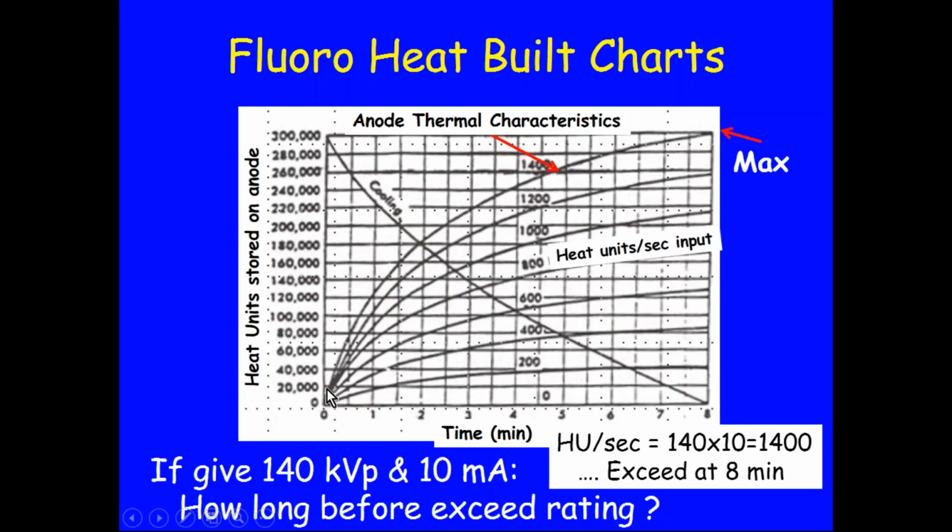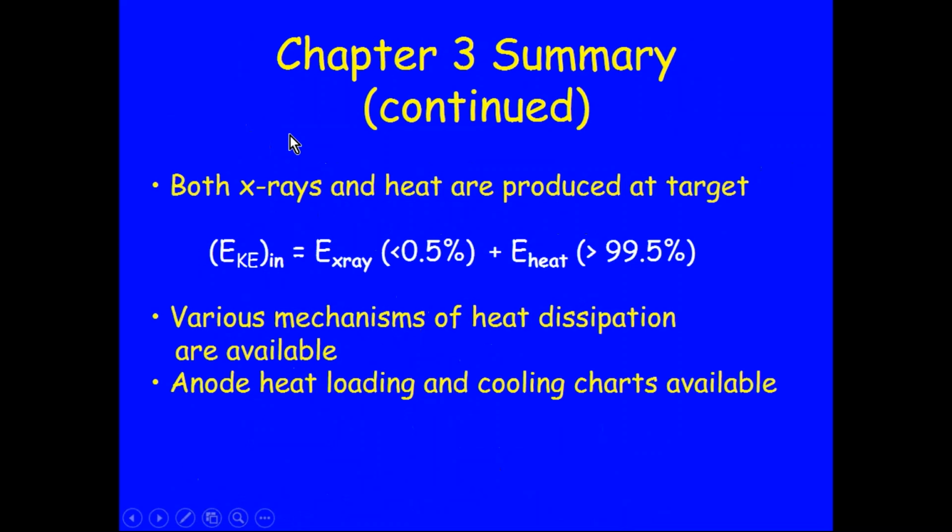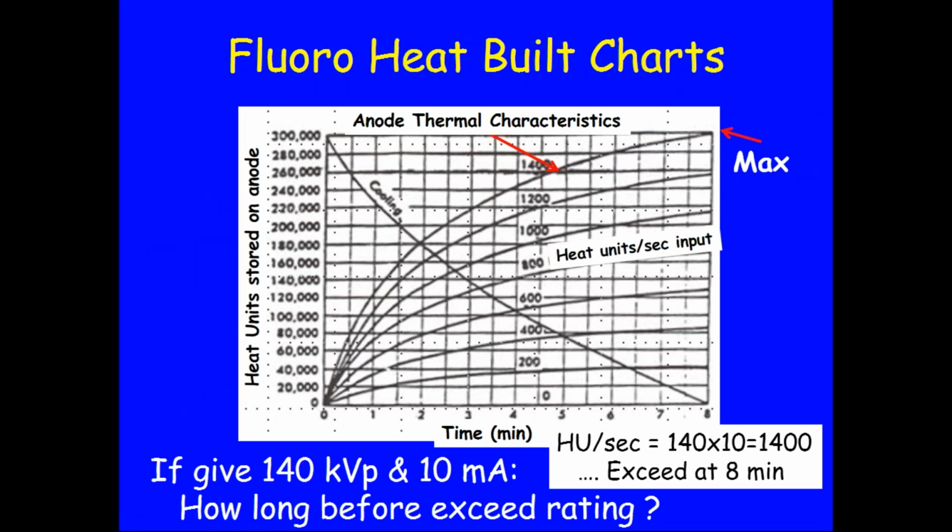So as soon as you start pressing the pedal, up it goes, up it goes, up it goes, and notice that it reaches the maximum, in this case the 300,000 for that tube. It reaches its maximum after 8 minutes. Beyond that point, you are in trouble if you continue pressing the pedal.